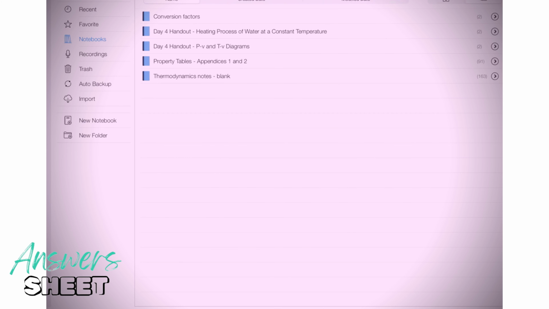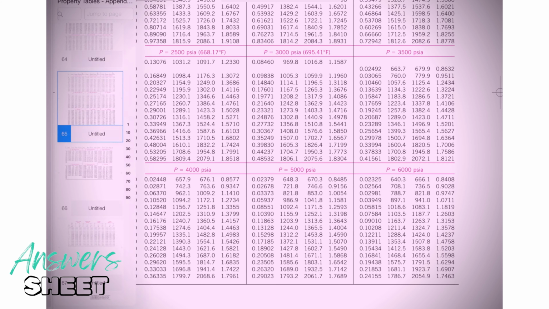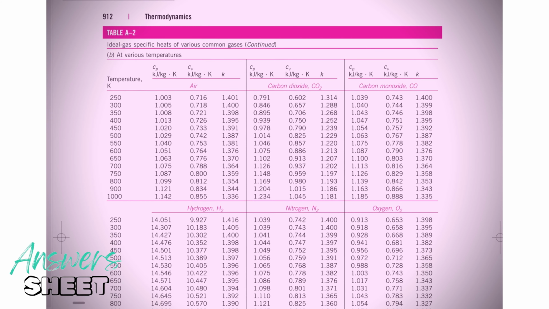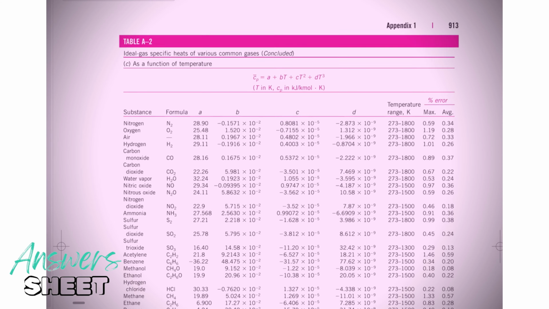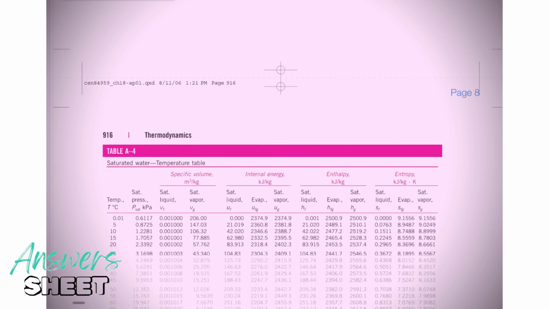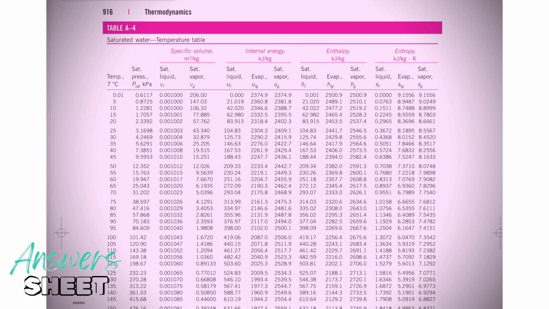So let's go to tables 4 and 5. I went way too far here. Table 3 we're not worried about; we need to get to table A4. Here, v_f, u_f, h_f, s_f are the saturated liquid properties, and it tells you right here if it is a saturated liquid.